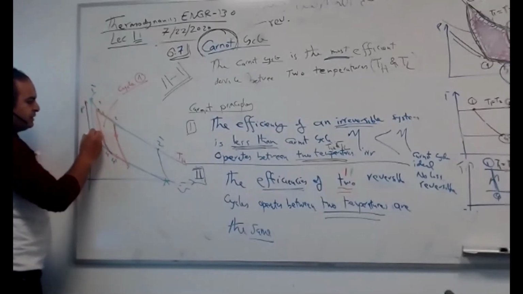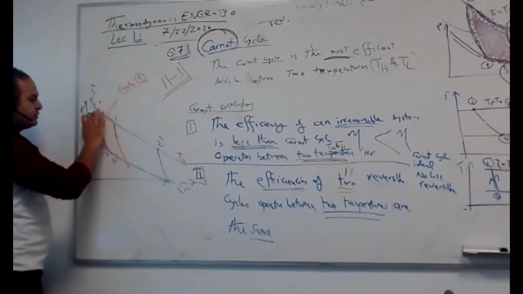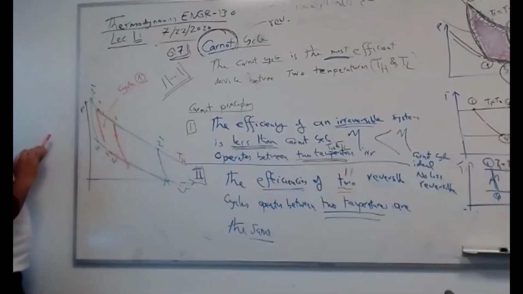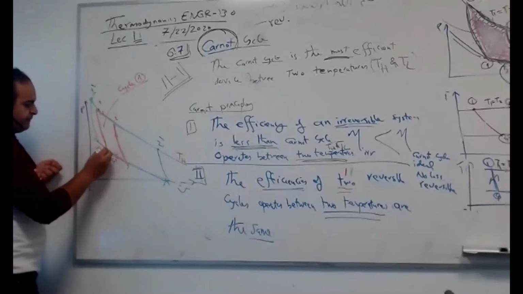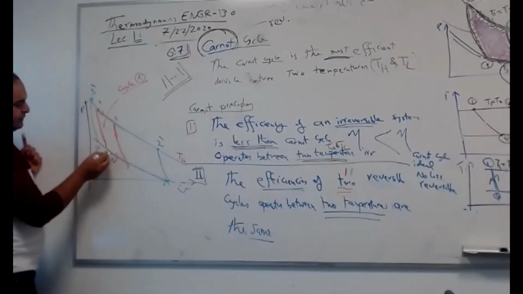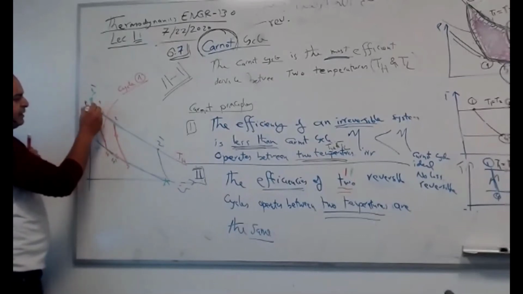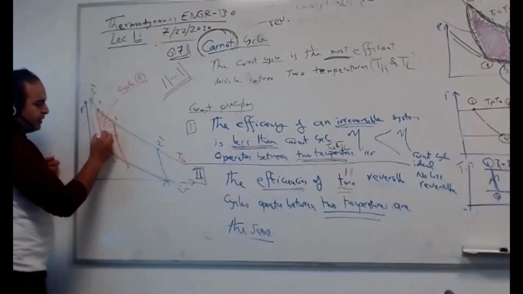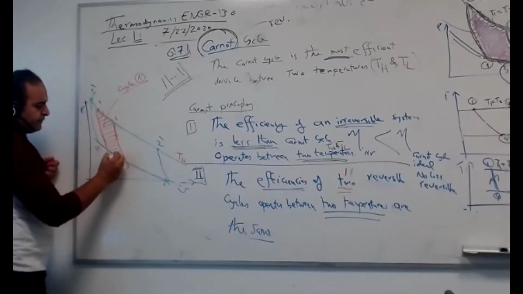I think it's better here. So this is our cycle like this. So we have one green, the bigger, and the red is a little bit smaller. Okay, guys?